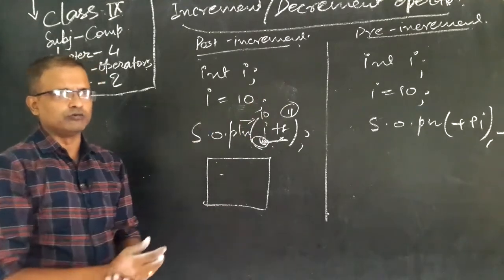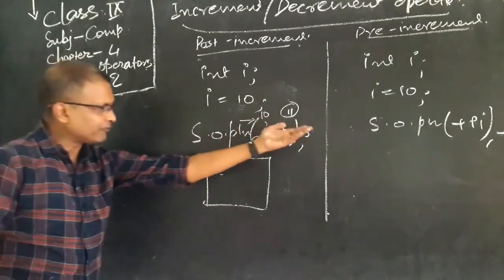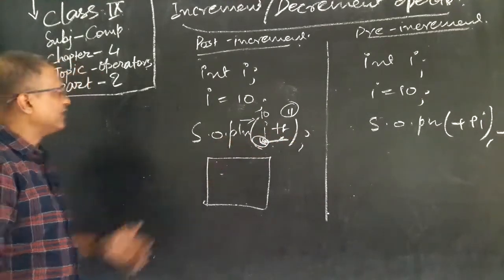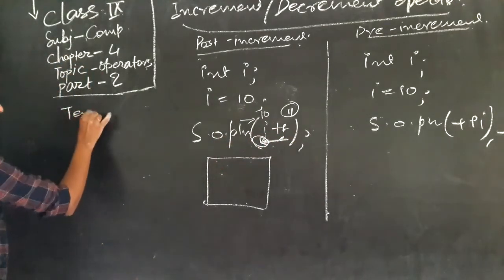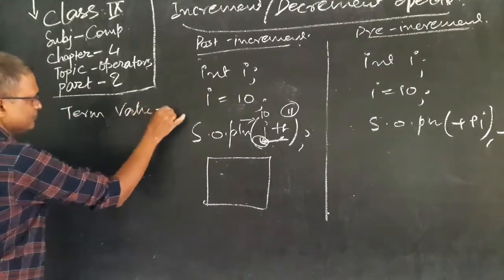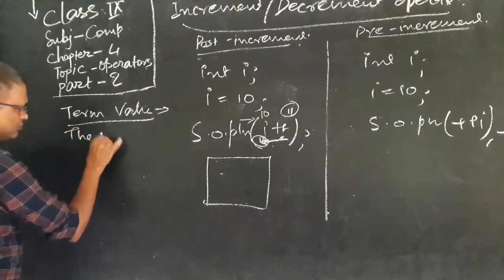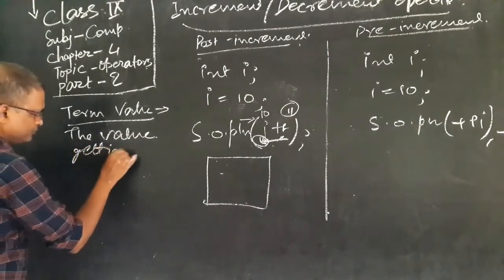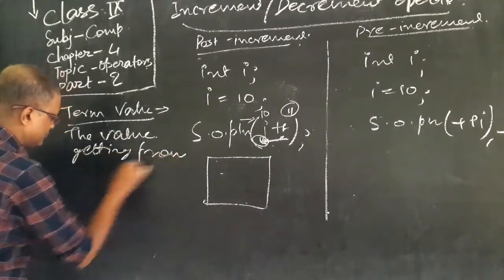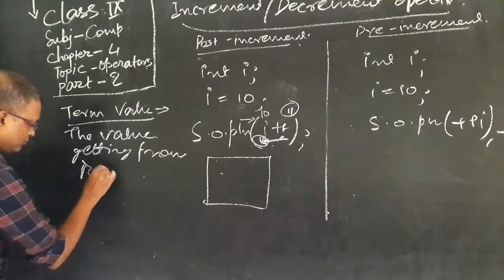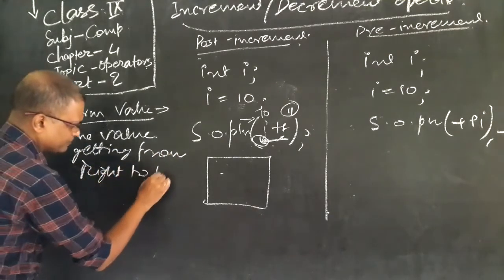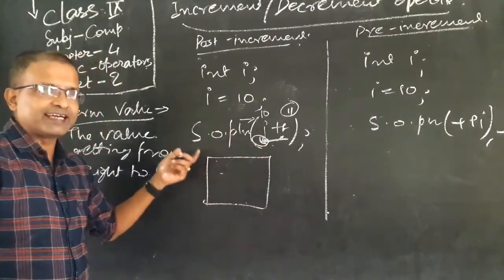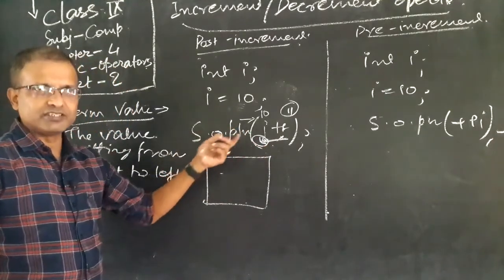Here is one more rule. The value that is coming from right to left is called the term value. Here I am going to define term value: the value getting from right to left is called term value, and only the term value is used while making the calculation or while executing the syntax.